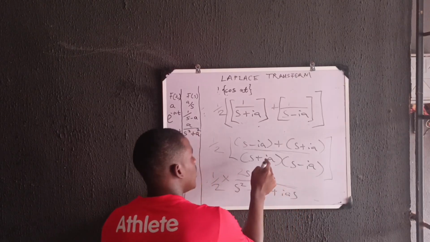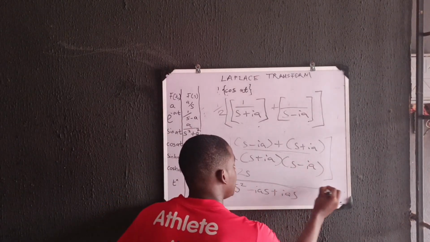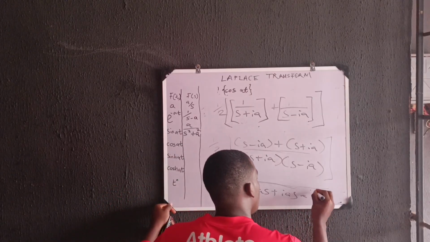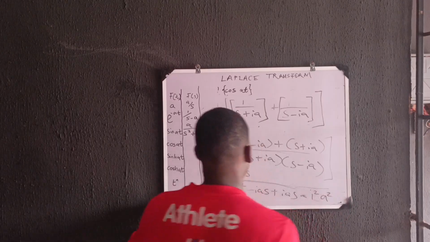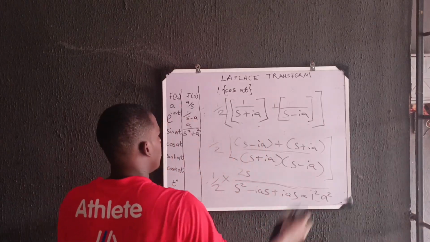That is when you do IAS, IA times S is going to give you plus IAS. And then minus I squared A squared. That is what we have at this point, right? Let's move forward.